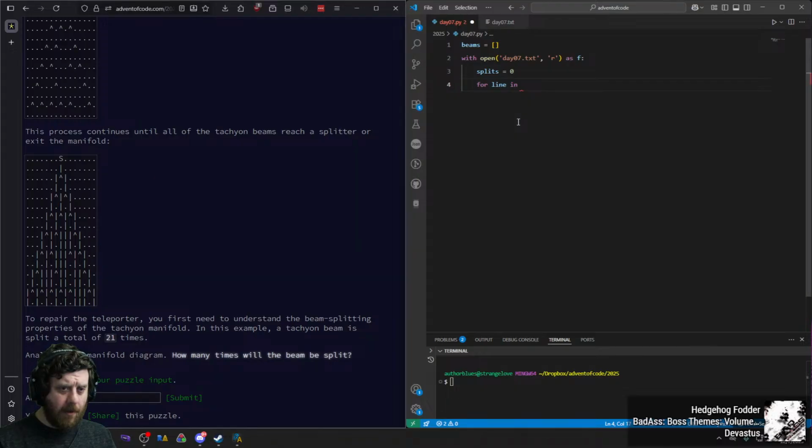For line in F. The very last thing I'm going to do in here is read line. I don't think that'll mess me up, but it might. We'll see.